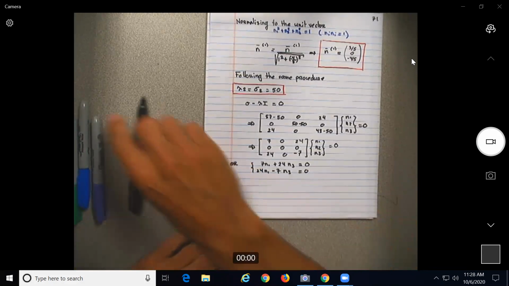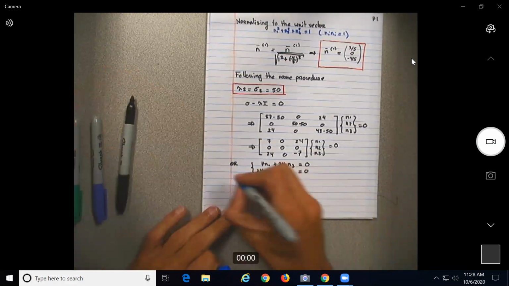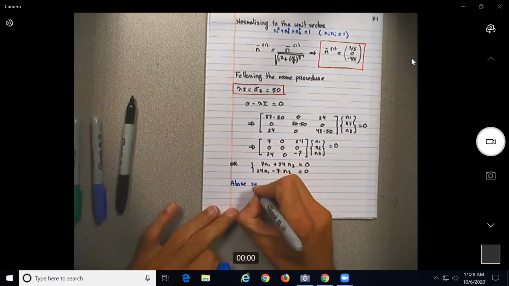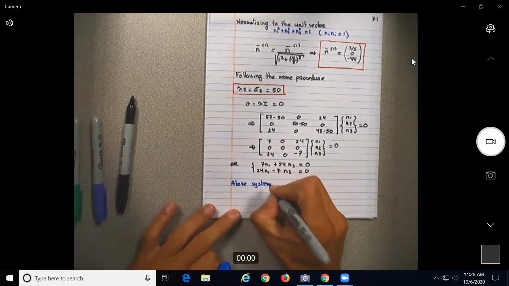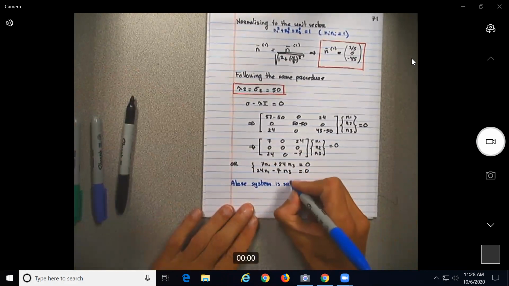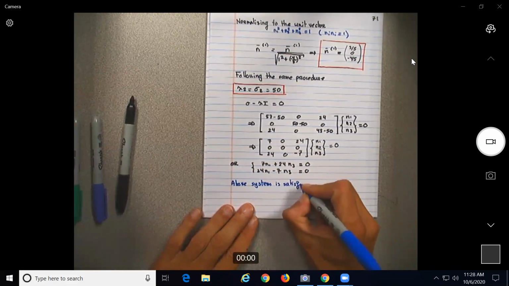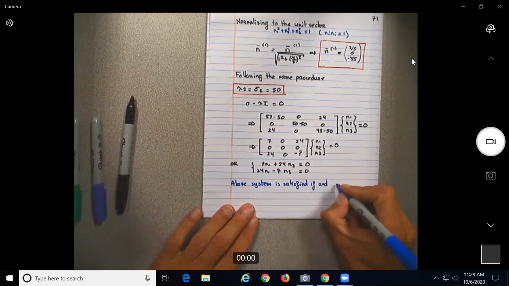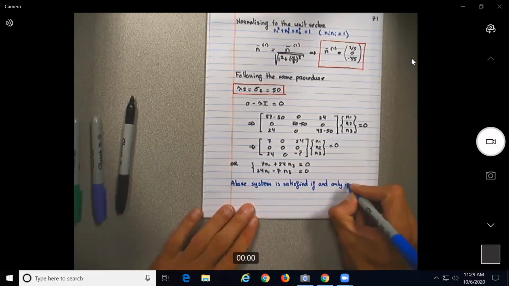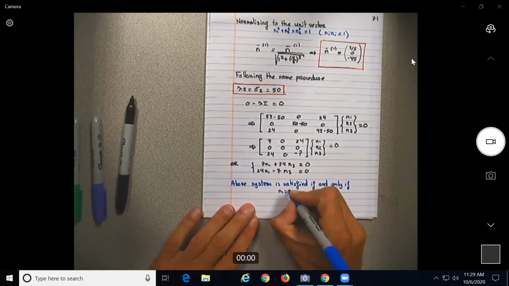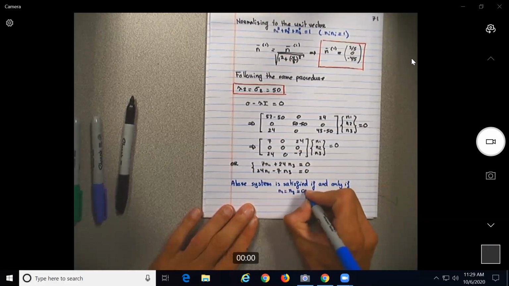So the above system is satisfied if and only if n1 equals n3 equals 0.